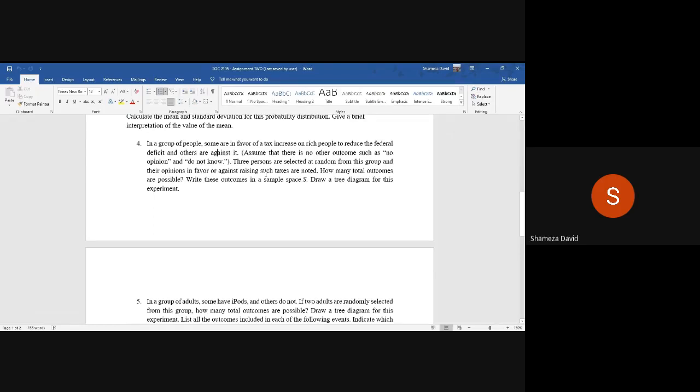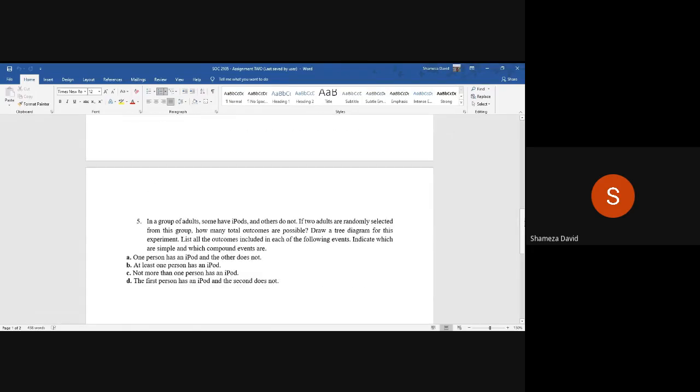Now think about this as flipping a coin 3 times, because there are only 2 outcomes that are possible here, in favor or against. Same thing, if you're flipping a coin, there are only 2 outcomes, heads or tails. And so the way I showed you to construct the tree diagram for the coin flip is pretty much the same that you will apply here to construct the tree diagram for this experiment.